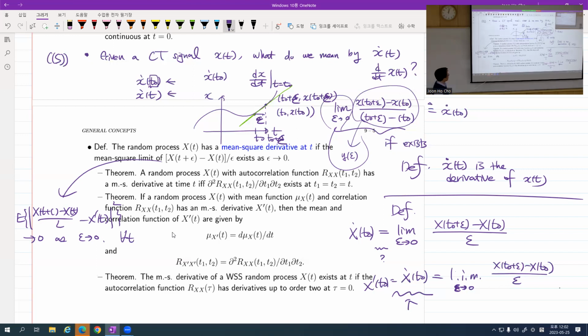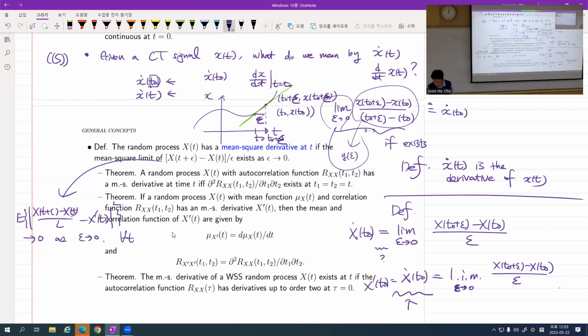Now, similar to the previous continuity, we can show that x of t with autocorrelation function Rxx has a mean square derivative if and only if the partial derivative with respect to t1 and t2 exists at t1 equals t2 equals t.